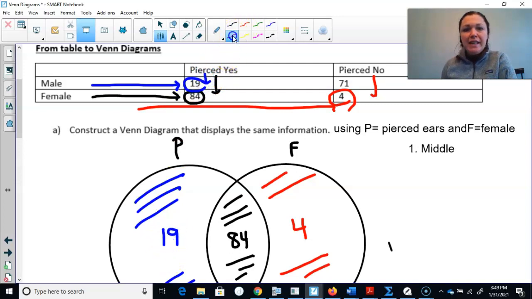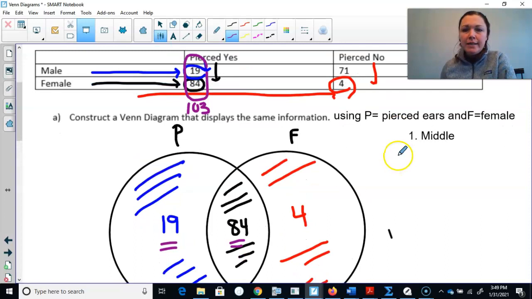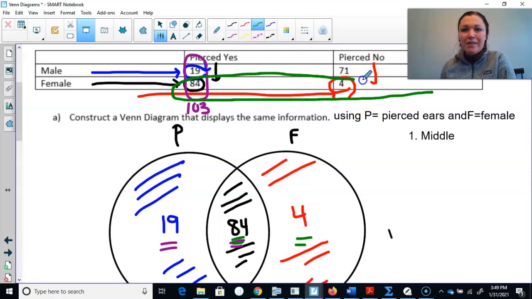So if I look here, 19 plus 84, that's everyone who said yes, they have a piercing. That's 103 people total. Next, we have the 84 plus the 4. That's everyone who is a female, so that's 88 together.